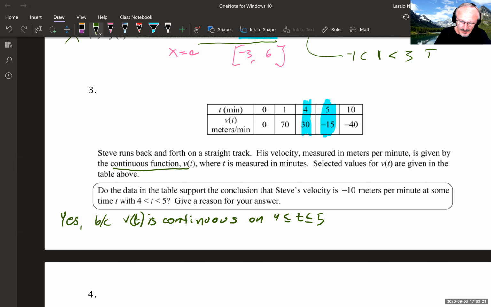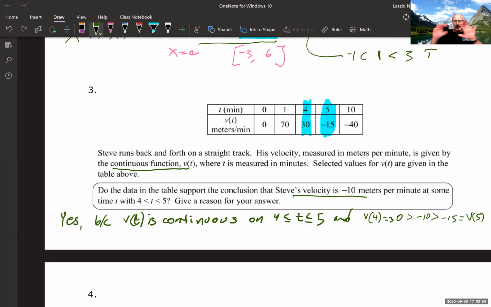So yes, because v of t is continuous on the interval 4 to 5, and we have v of 4 equals 30, which is greater than -10, which is what we're looking for. And -10 is greater than -15, which we are pulling from v of 5, from the table.